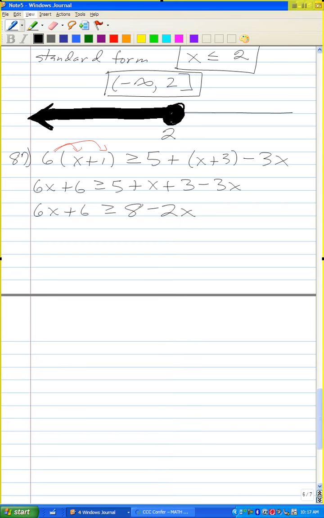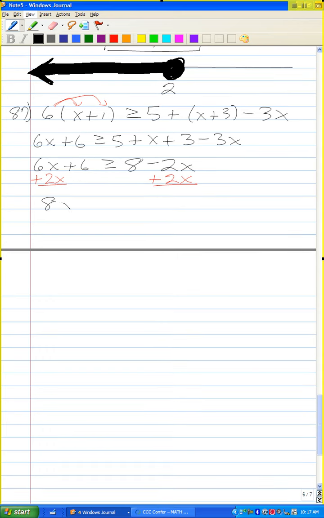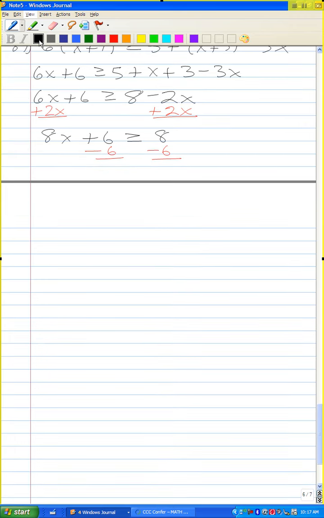Let me add 2x to both sides of my inequality so that I can isolate x on one side. So I have that 8x plus 6 is greater than or equal to 8. Now let me subtract 6 from both sides of my inequality. So I have that 8x is greater than or equal to 2 by the additive property of inequality.